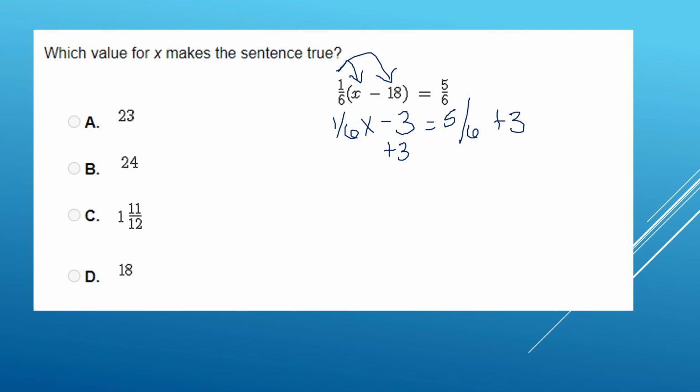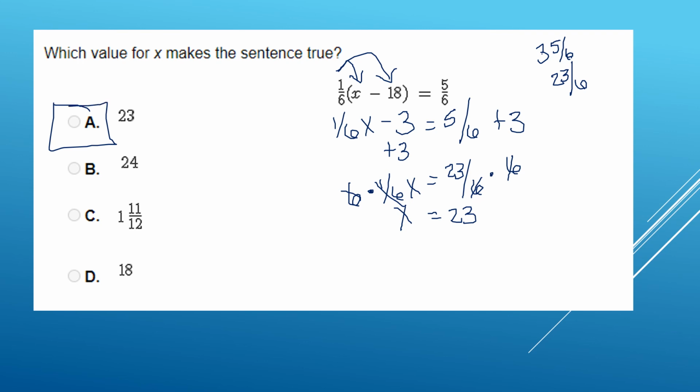So I've got 3 and 5/6, and I'm going to come up here because we're dealing with fractions and change this to an improper fraction. 6 times 3 is 18, plus 5 is 23. And I'm going to leave it over the same denominator. So 1/6 x equals 23 over 6. So the way we get rid of the denominator, or divided by 6, is multiply by 6. So over here, you're just left with x, multiply by 6, and we are left with 23.